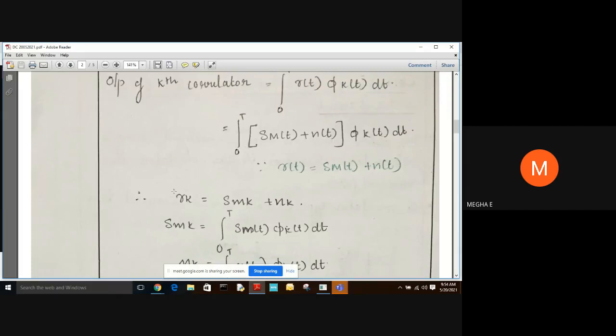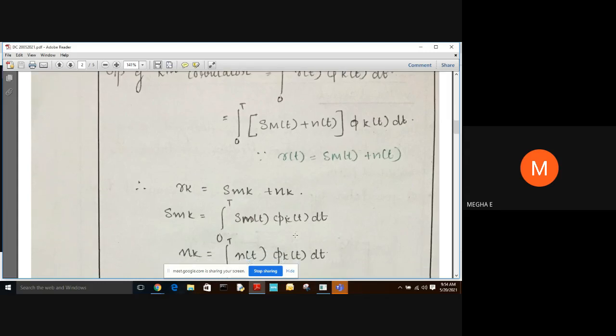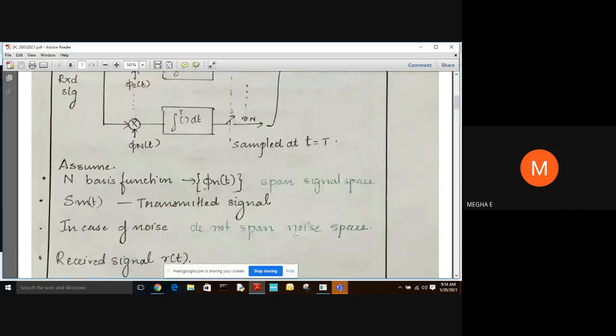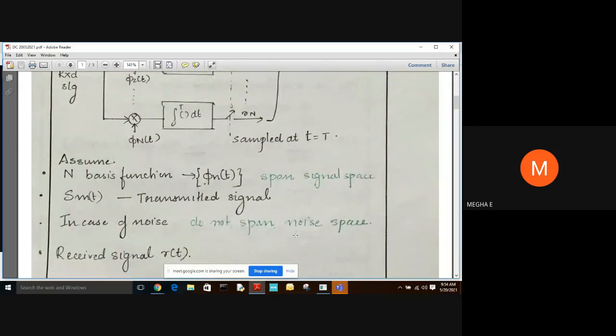So in case of Rk, that is the kth received signal, Rk is nothing but Smk, the component due to the kth message signal transmitted, plus the noise component. So Rk is nothing but Smk plus Nk. Smk can be denoted as the integral from 0 to T of Sm of t into phi k of t dt. Here we have n basis functions which span the signal space.